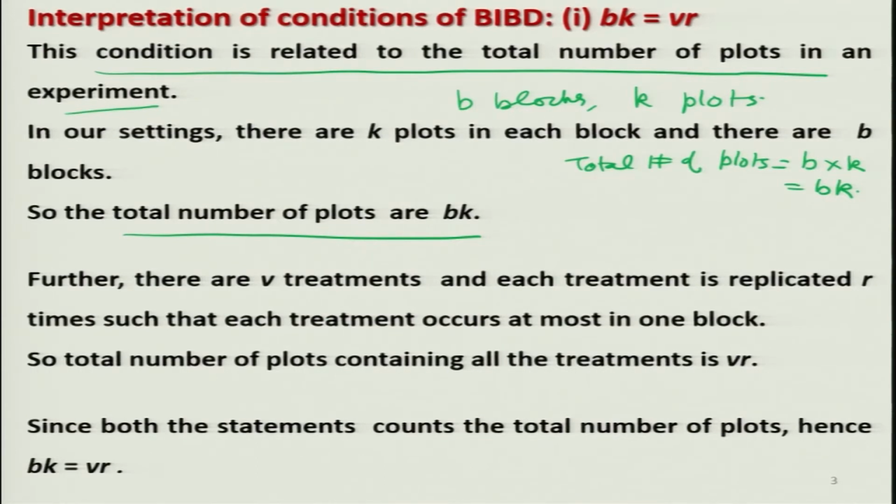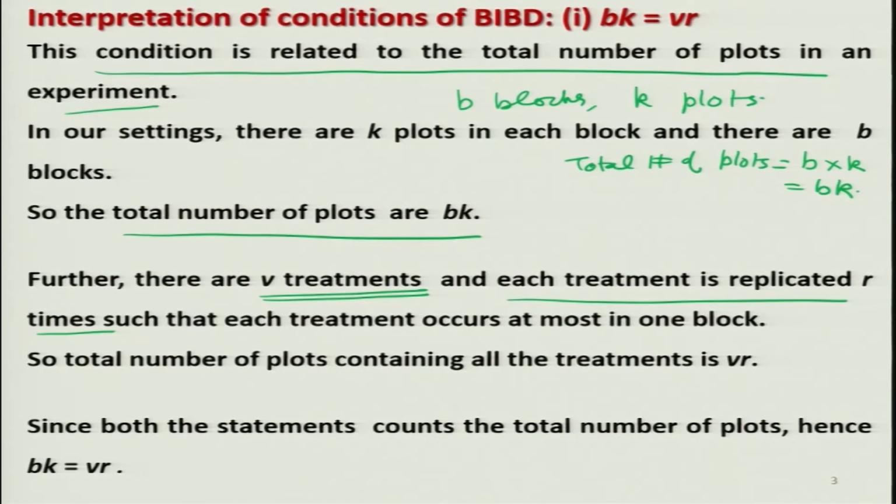Now in case you recall, we have here v treatments, and each of the v treatments is being replicated r number of times, and there was a condition that each of the treatments can either occur in a block not more than once, or it may not occur at all.